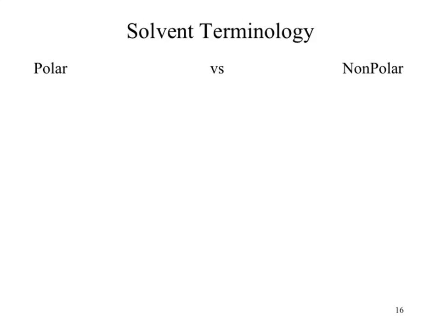For you to have a polar solvent, really what we're saying is that we have a solvent that has polar covalent, or really ionic bonds. To have a nonpolar solvent, we have nonpolar covalent bonds.